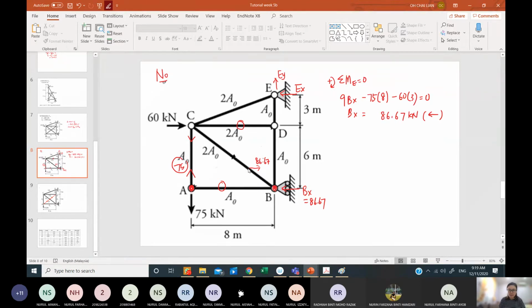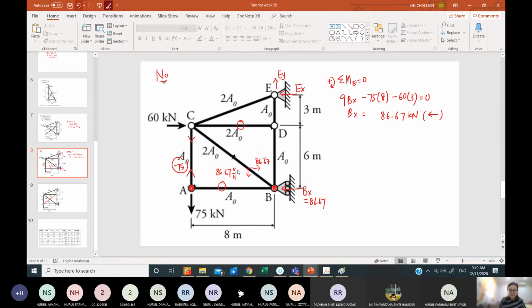Okay, so I can get my vertical components. How? 86.67 multiplied by the vertical height divided by the horizontal length. The vertical height is 6 and the horizontal length is 8.